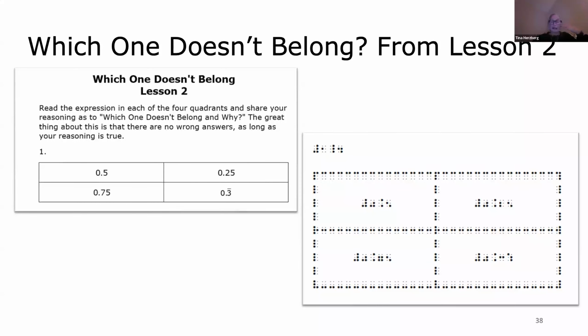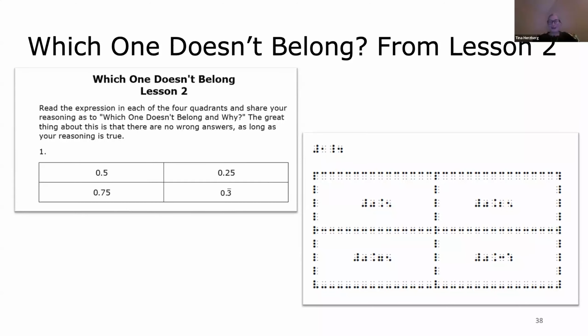So we played which one doesn't belong every time. They read the expression in each of the 4 quadrants, and then the students share which one doesn't belong and why. The great part about this, y'all, is there are no wrong answers. As long as mathematically your reasoning is true, you're right.